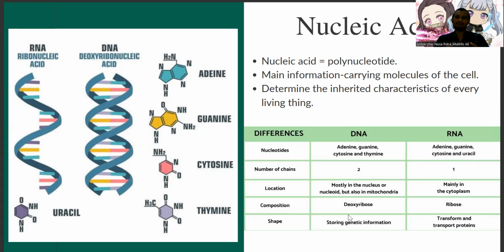In other cases, RNA we can also find in viruses. So why can a virus break a nucleus or a cell? Because the RNA will enter the cell to the cytoplasm, and next it also enters the nucleus.